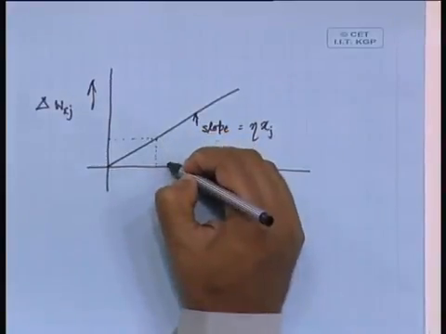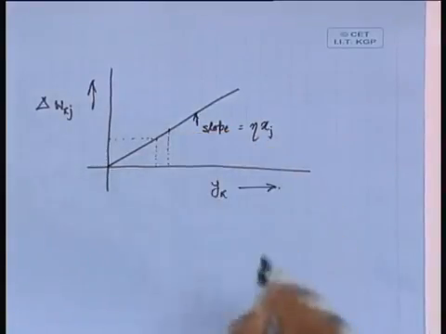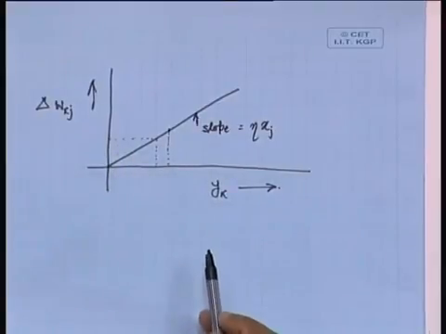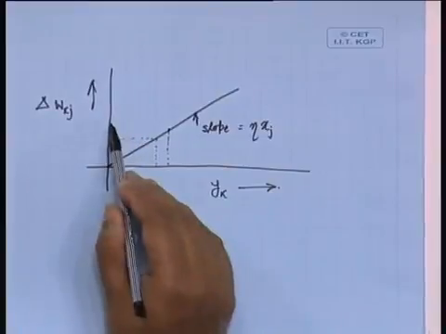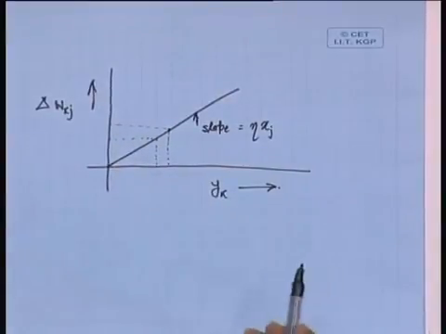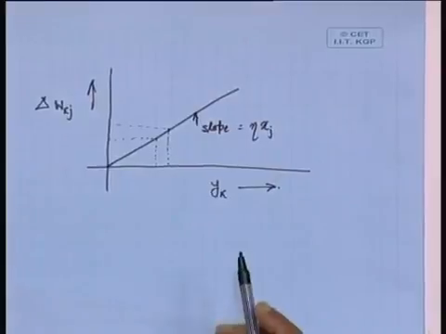An increased Yk necessarily means that we are going to have an increased Wkj. An increased Wkj will mean that the weight will be furthermore increased. So, Yk will be furthermore increased, and this keeps building up.